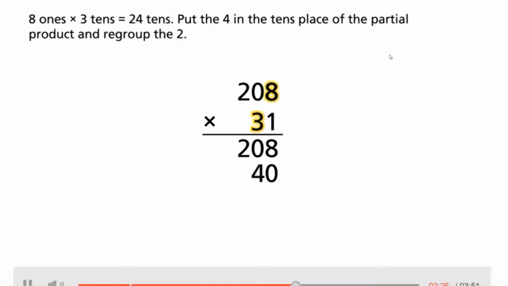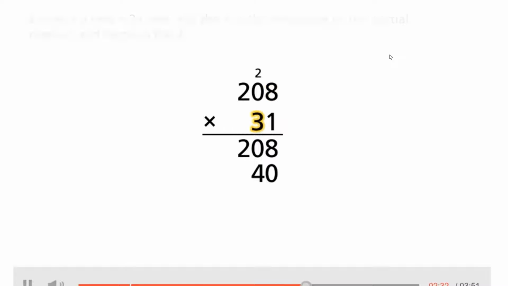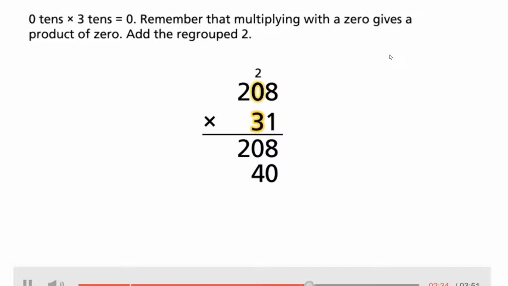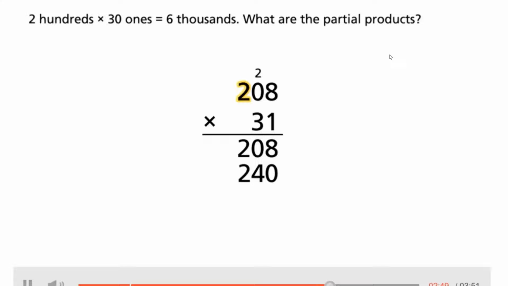Put the 4 in the tens place of the partial product and regroup the 2. 0 tens times 3 tens equals 0. Remember that multiplying with a 0 gives a product of 0. Add the regrouped 2. 2 hundreds times 3 tens equals 6 thousands.